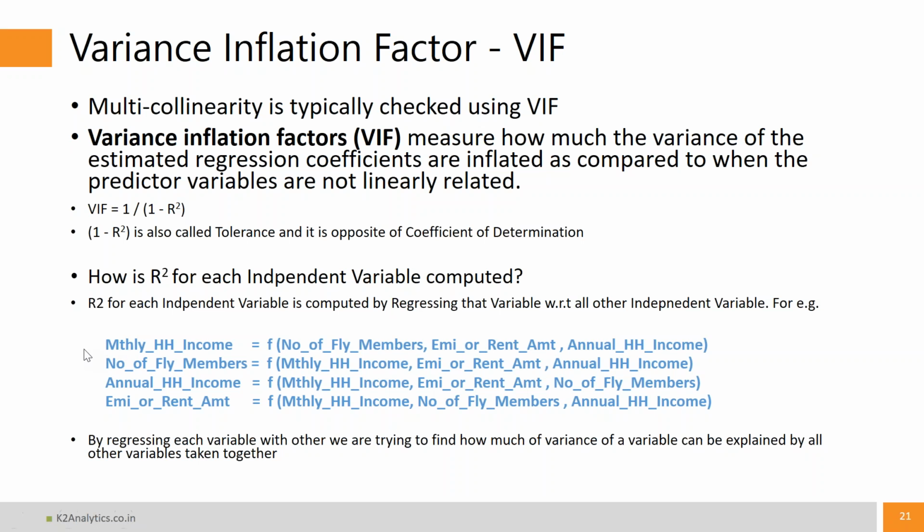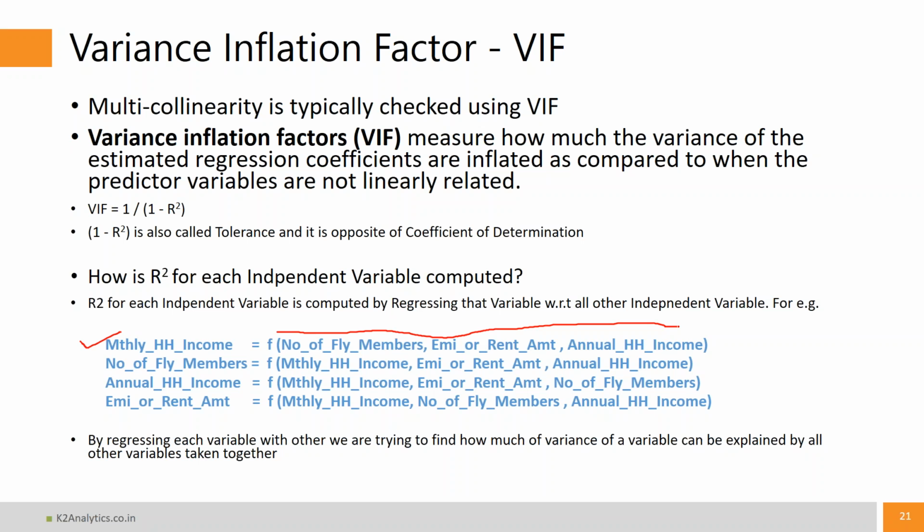Can I build a model where I'll say monthly income is Y and all the other independent variables are X? Theoretically, can I build a model? Our objective was to build a model of expense as a function of all X variables. For the time being, I forget expense. I'll take one of the X's: X1, X2, X3, X4.